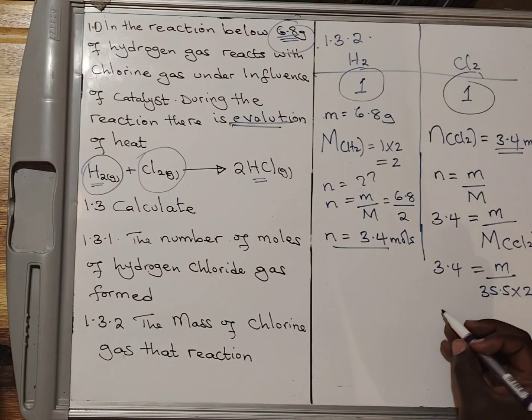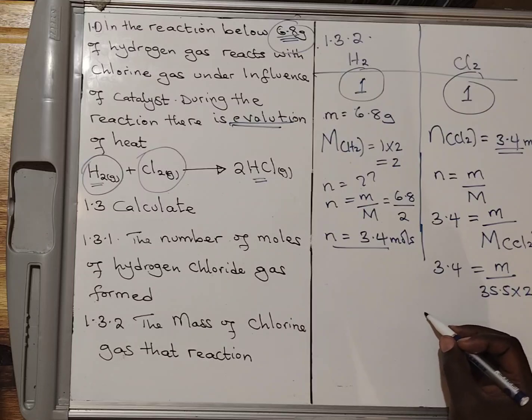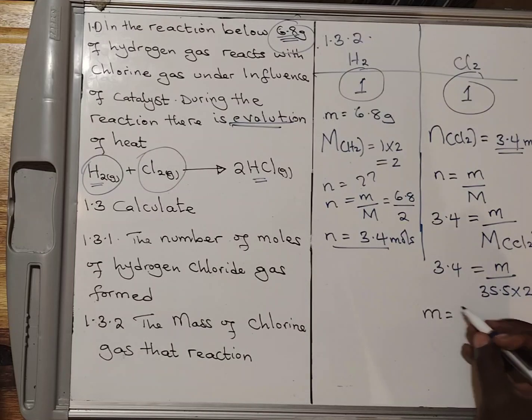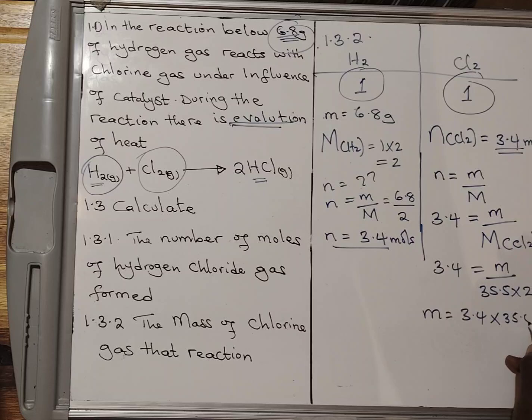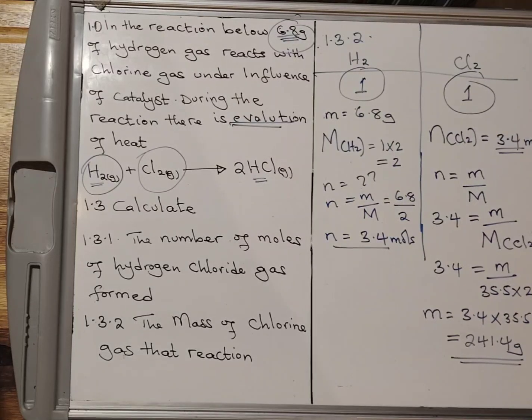So from here we have the mass. The mass of chlorine is going to be M, equaling to, after cross multiplying, 3.4 times 35.5 times 2. Whatever you get after multiplying is what is going to be the answer. Let's use the calculator and see what we get. So this is what we get as our mass of chlorine gas that reacted.